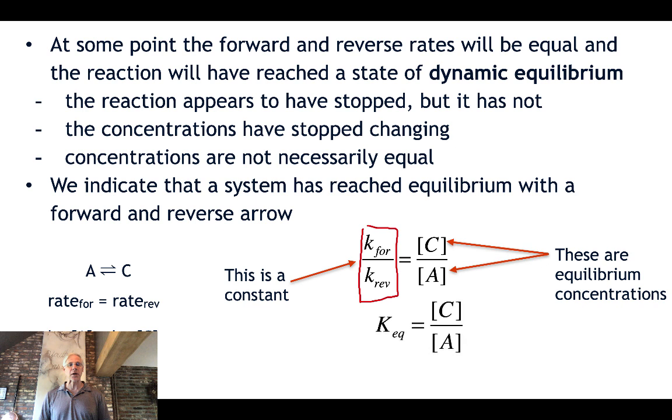Now, since we have a constant over a constant for those two rate constants, we call that a whole new constant, and notice that we use a capital K, and we call that an equilibrium constant. There are several different kinds of equilibrium constants. They are all given a capital letter K, like we see there. The little EQ there just means that this is a constant of equilibrium.